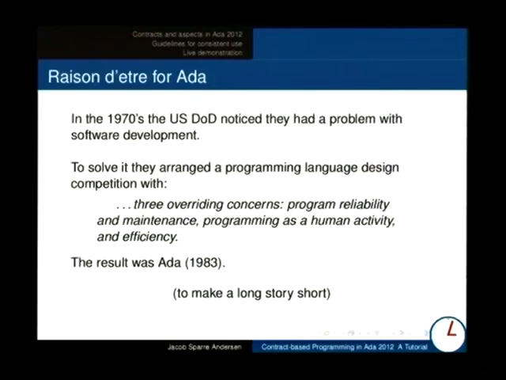Well, since you haven't all heard that much about Ada before, I'll just say some of the reasons why we should be using Ada. At least the design arguments for Ada: seeing programming as a human activity, about reliability, and about maintenance.